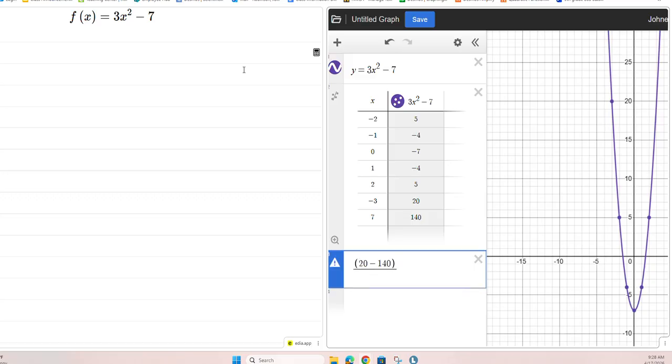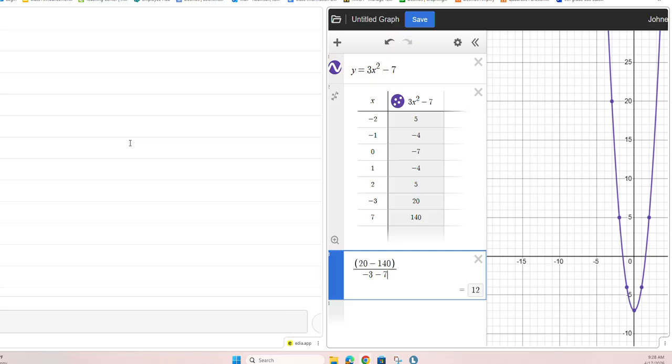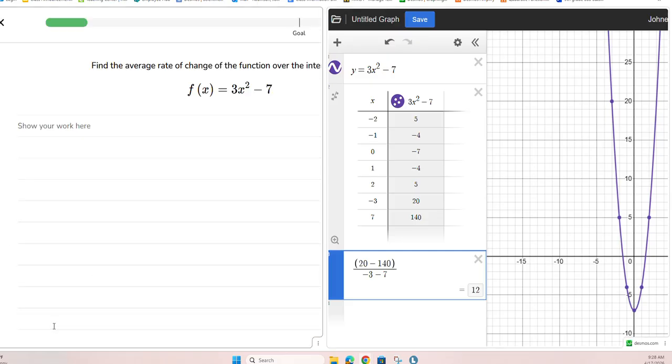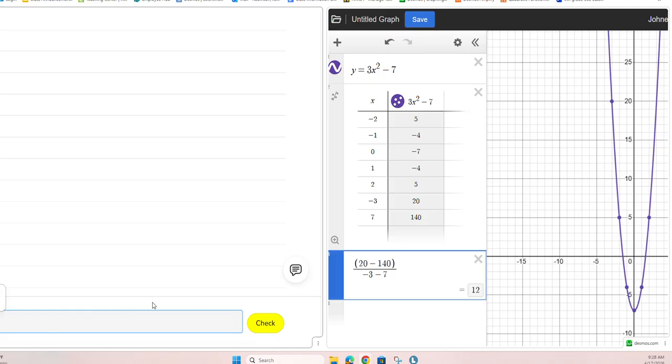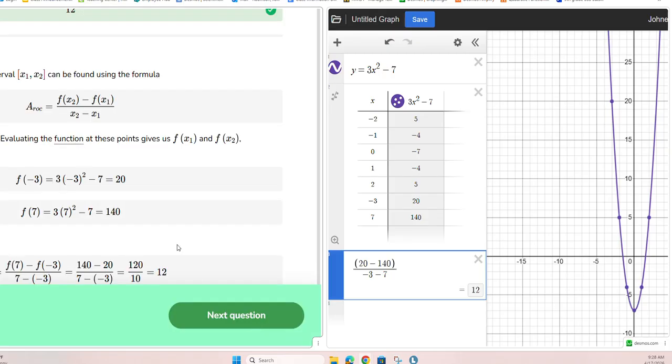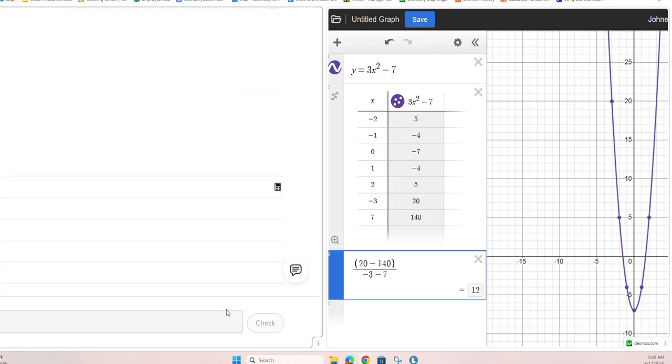Over, so I did 20 and 140. I'm going to do negative 3 minus 7. And I get an answer of 12 as the rate of change between that interval. So I'm going to type in 12 and check my work. Yay.